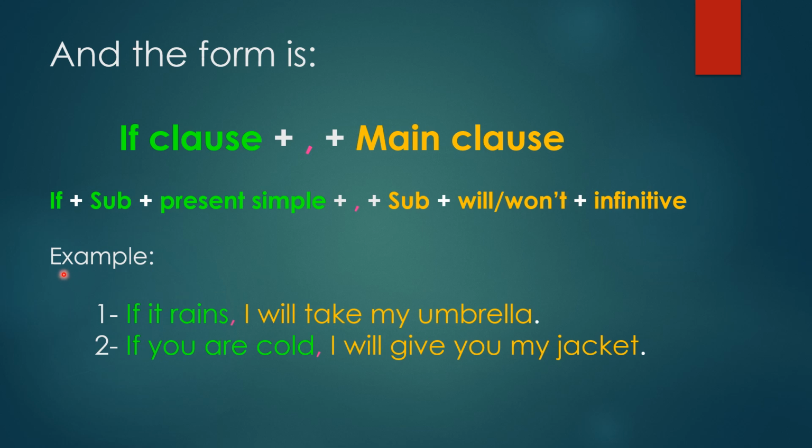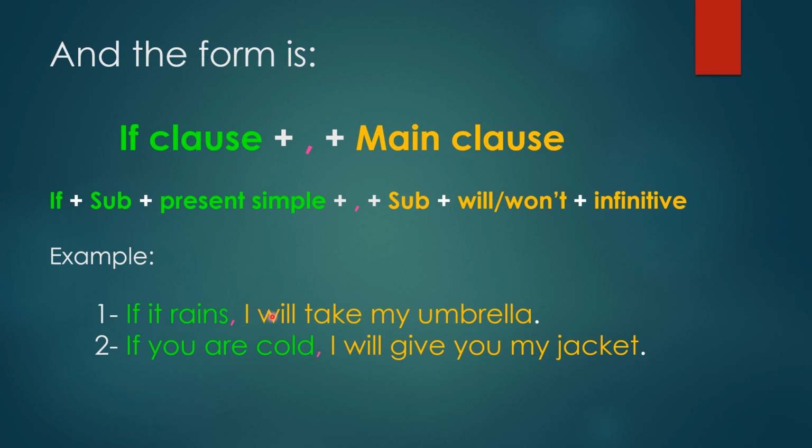Let's have an example. If it rains. If, it is a subject, rains is a verb 1, which is the present simple tense. Comma, it's very important. I is a subject.